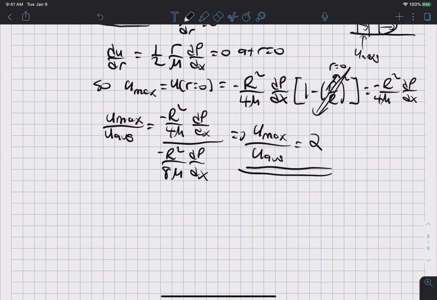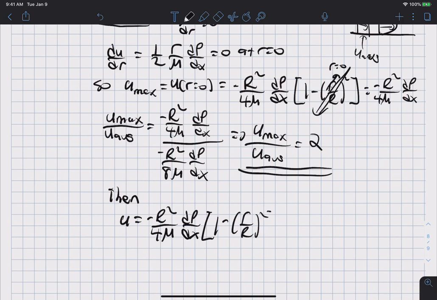And then also using Umax, we can simplify the velocity profile to get rid of that nasty little constant in front of it. U equals minus R squared over 4 mu dp/dx times 1 minus small r over cap R squared. Well, this whole thing is just Umax.